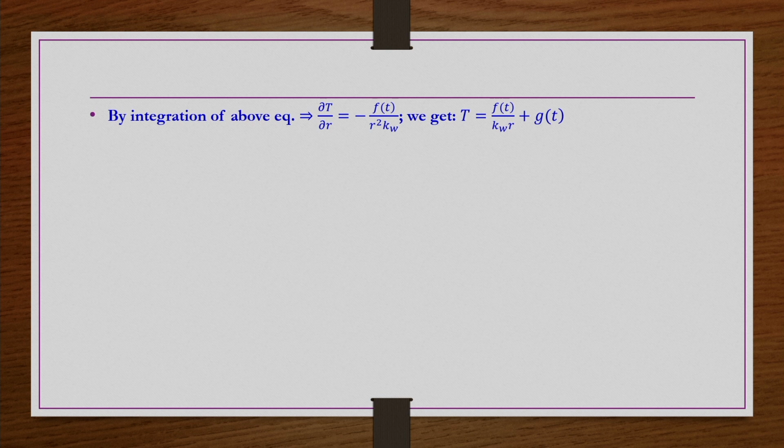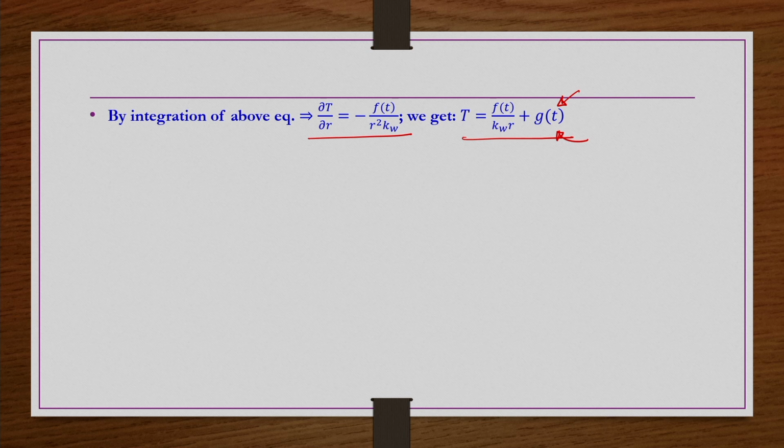So now we integrate this equation first, and we get T equals f of t divided by Kw r, plus another constant g of t. This is also constant with respect to r, but it is some function of time, what it is we do not know. Now we have two boundary conditions.